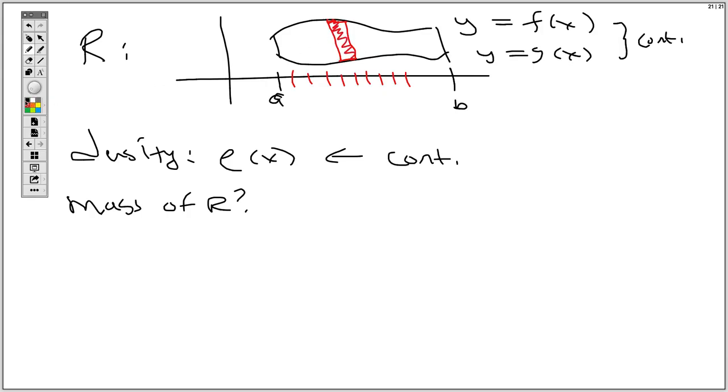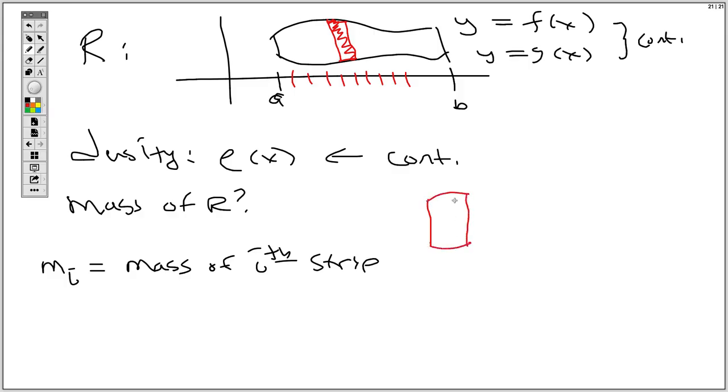So I'm going to let m sub i be the mass of the ith strip. And what I'm going to do is we're going to approximate the ith strip using a rectangle. So if the ith strip looks like this, I'm going to approximate that using a rectangle.